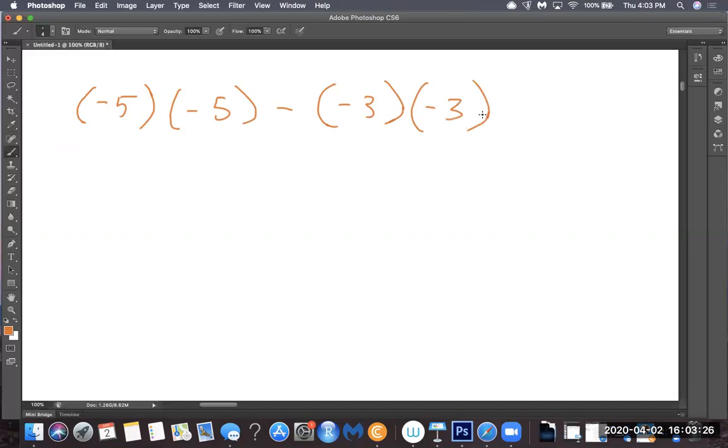What goes first? Parentheses. Which one? -5 times -5. What's negative 5 times negative 5? Positive 25. Why? Because it's a negative times a negative. Write it down, that's correct.